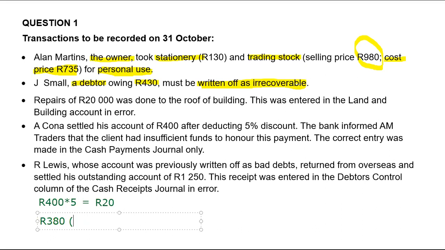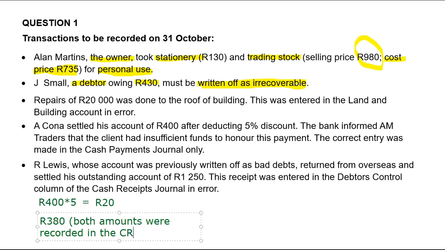Both amounts were recorded in the CRJ, right?